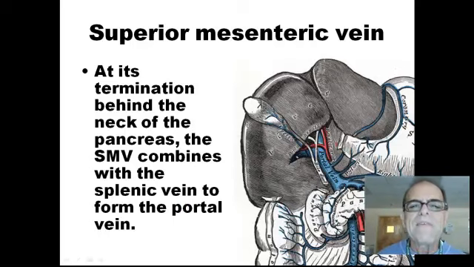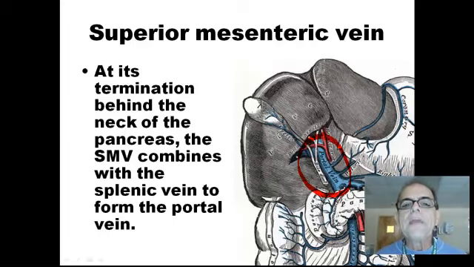The portal vein is very important in sonography. It's easy to detect and is a very particular vein because it's a vein that gives blood. The portal vein gives blood to the liver to be cleaned, and the portal vein is formed by the union of the superior mesenteric vein and the splenic vein.